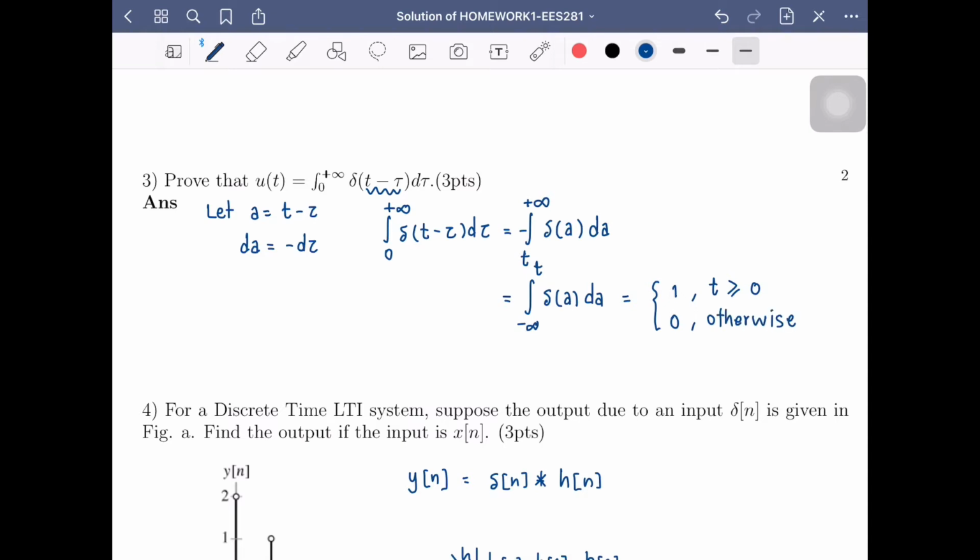From this value, we can prove that this integration is equal to the unit step signal u(t).